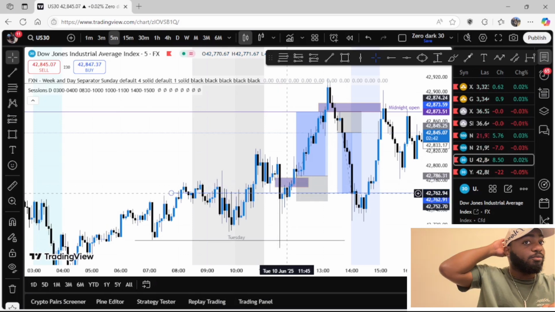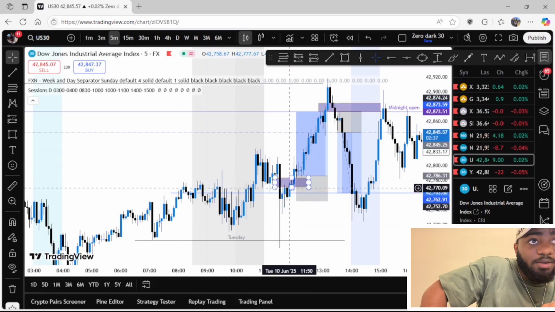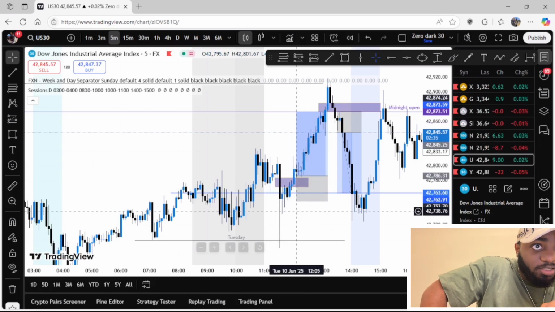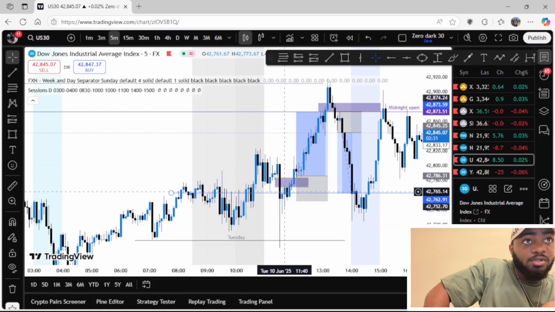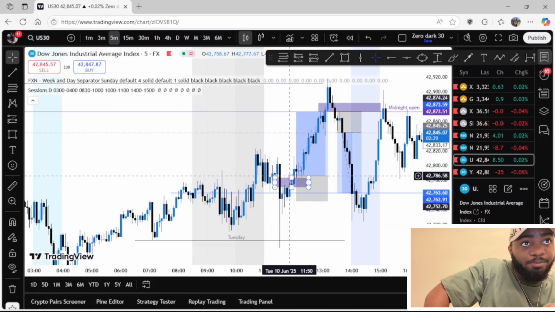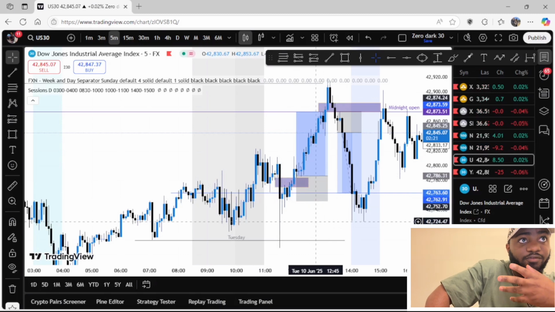What you look for with proper fair value gaps is for price to tap into the fair value gap and then reject. In this scenario, price violated it, and you had a body close. Anytime you have a body close above the inverse of that fair value gap, you have what is known as an inverse fair value gap.